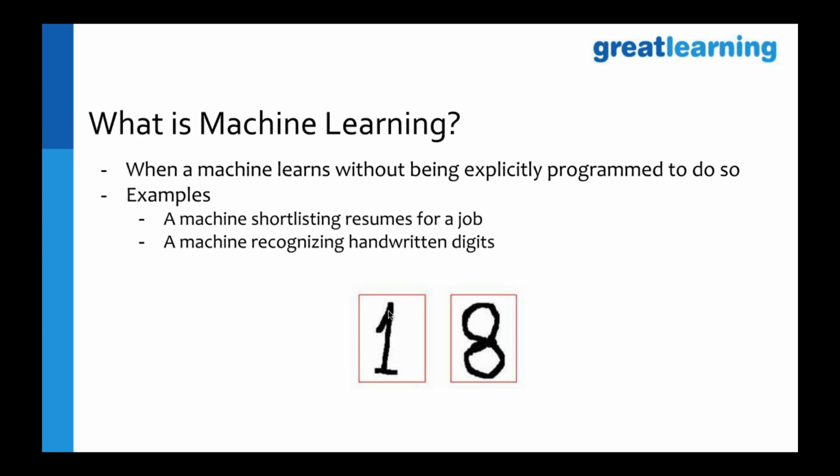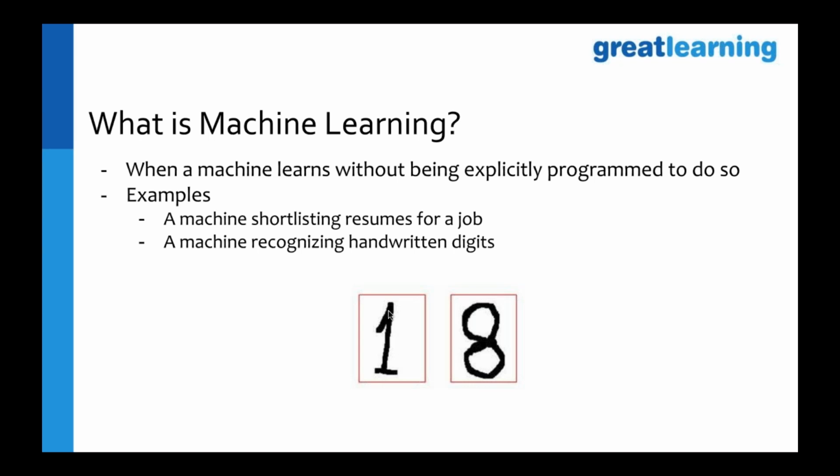Okay. So what have we learned? Machine learning is when the machine learns without being explicitly programmed to do so. Traditionally, software has been built by explicit programming. The machine only does what the engineer programs it to do. If he programs the machine to act as a calculator, it'll act as a calculator. If he programs it to act like a game, it'll act like a game.